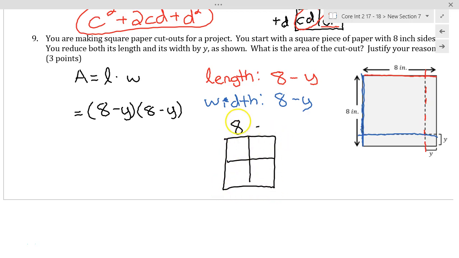I have 8 and negative y, 8 and negative y. 8 times 8 is 64. 8 times negative y, well, positive times negative is negative 8y. The negative always goes all the way out in front. A negative times a negative is a positive. Y times y is y squared.